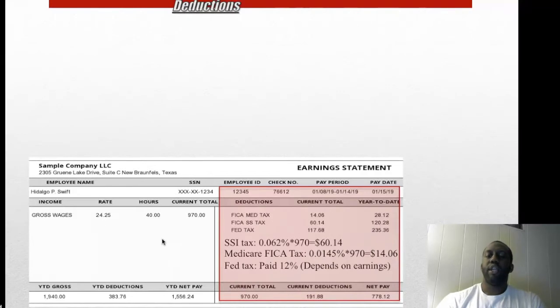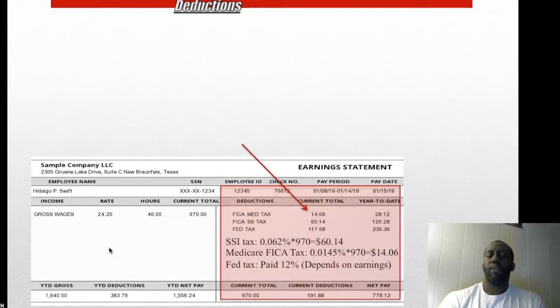In this section, we're going to talk about deductions. As you can see, the deduction section is highlighted. A deduction is any amount that is subtracted from your gross earnings. When it comes to employment earnings, there's typically two kinds of deductions.